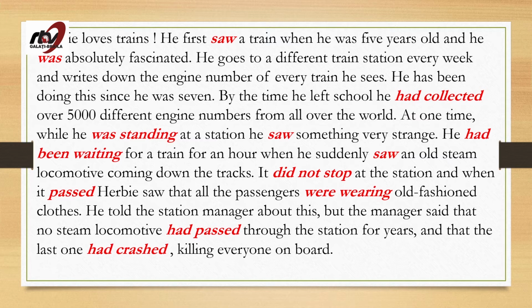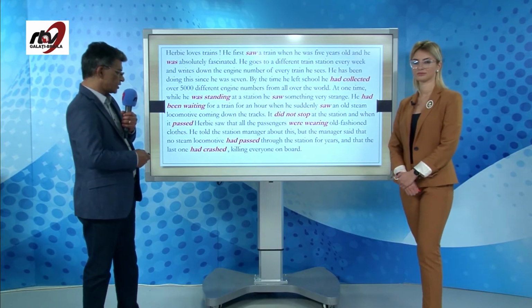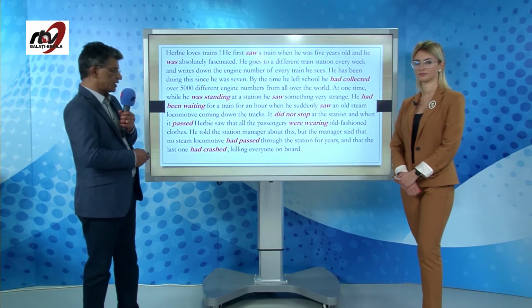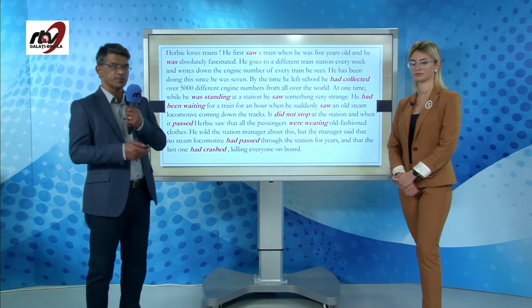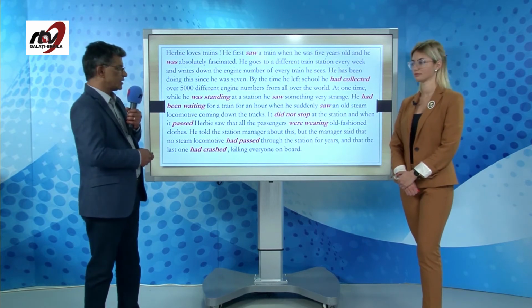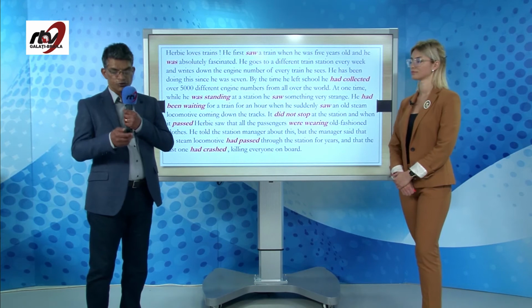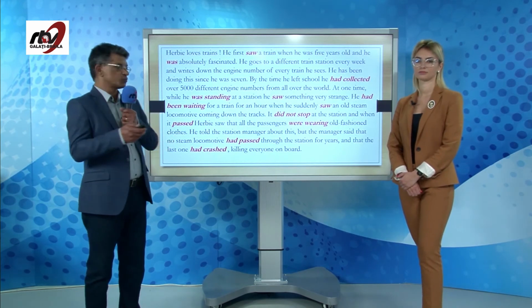Again, we are using past perfect, had passed, and that the last one had crashed, killing everyone on board. The past perfect for an action that had happened before another action in the past. So I hope you got that right, and let's move on.